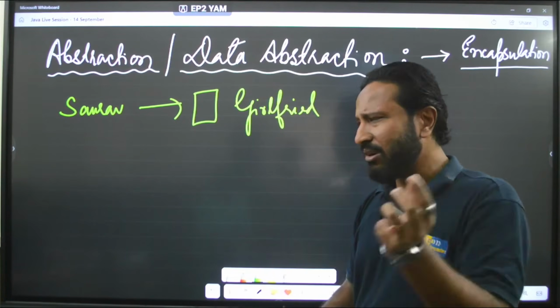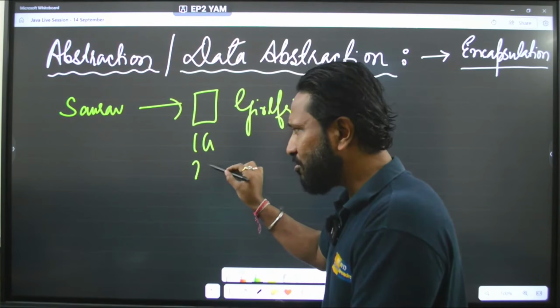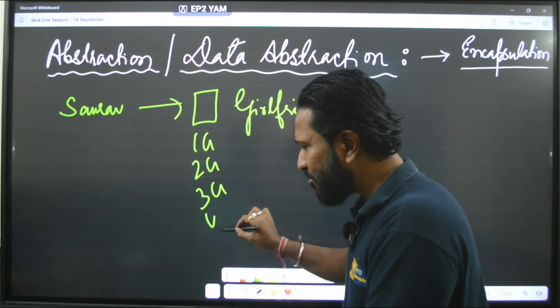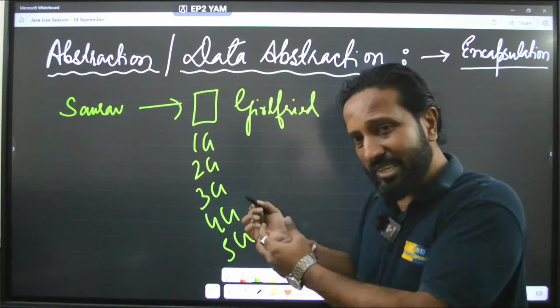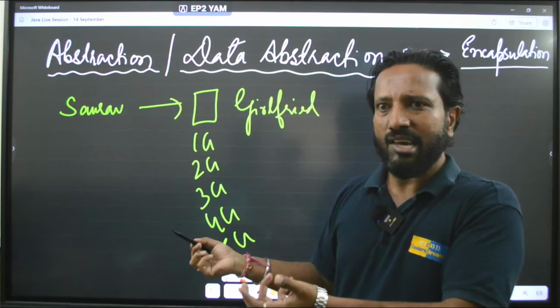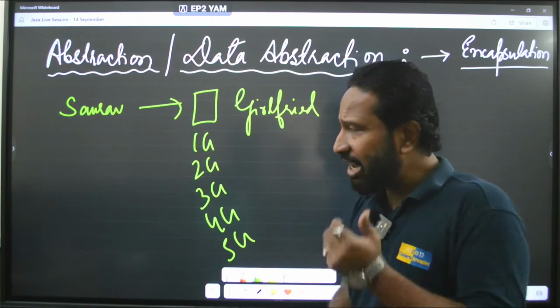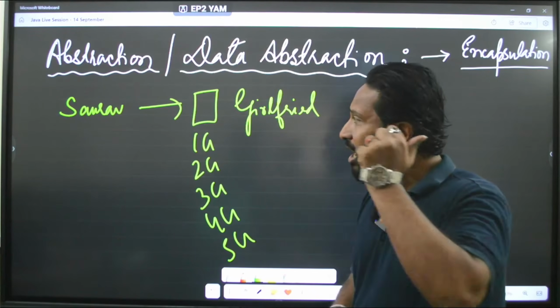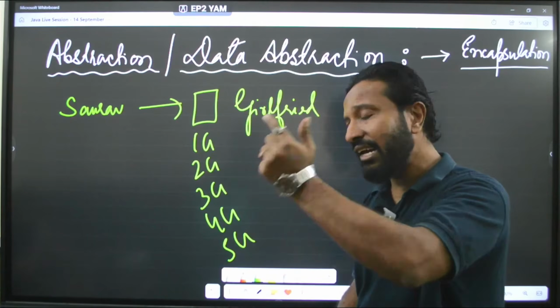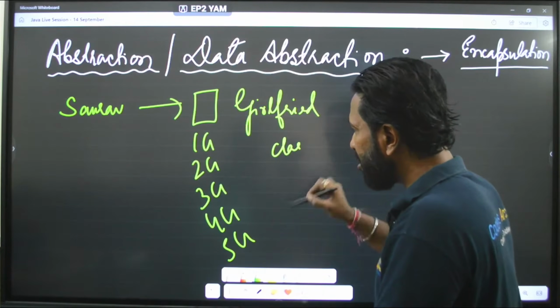Do I bother about 1G, 2G, 3G, 4G, 5G or whatever G technology I am using? Am I bothered about this? I have to call her. I have to talk to her.